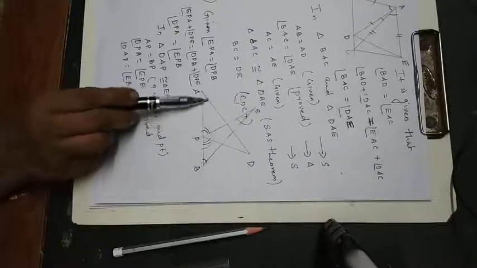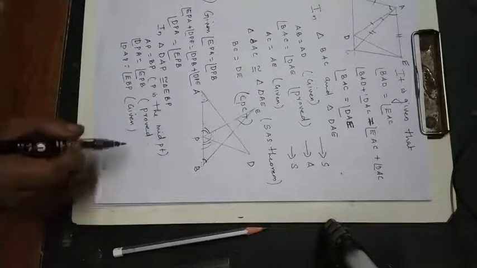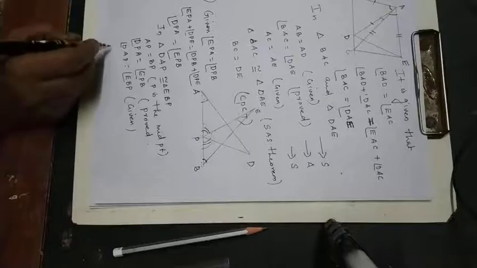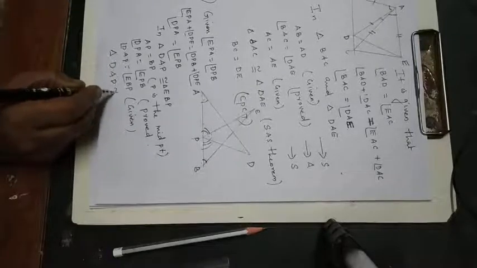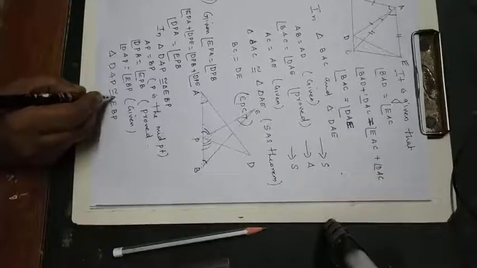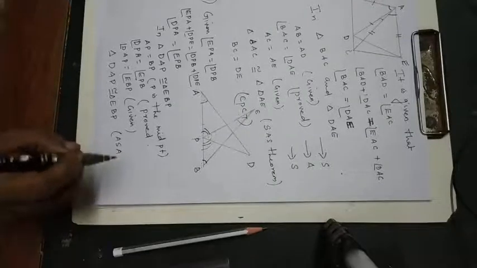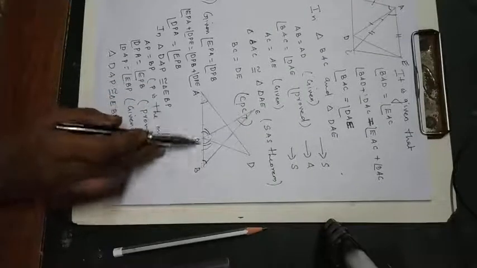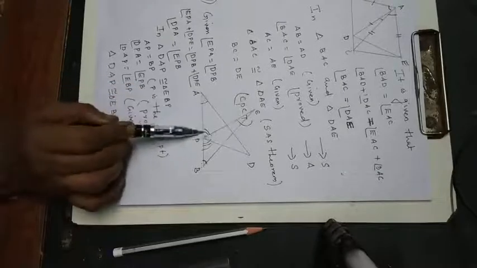So two angles and the included side, AP equal to PB. We are taking these two angles and the included side. So triangle DAP will be congruent to EBP by which one? ASA. Side AP is equal to PB, that AP is the included side of these two angles.